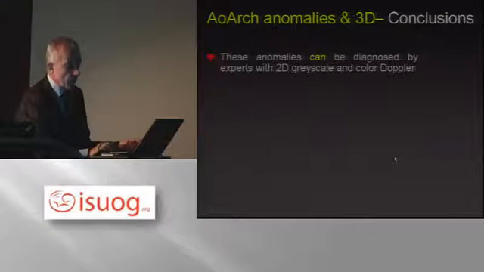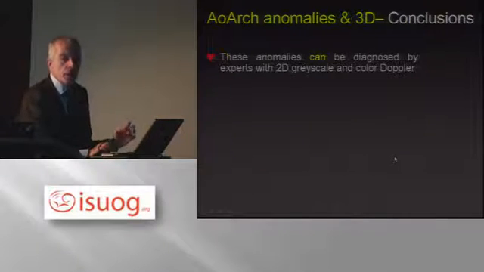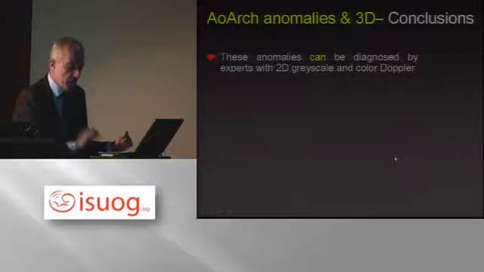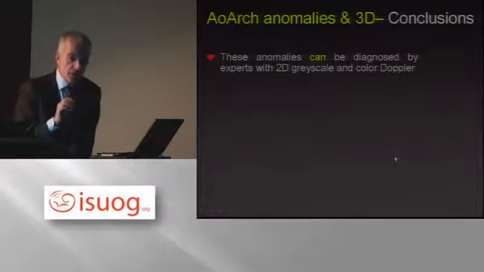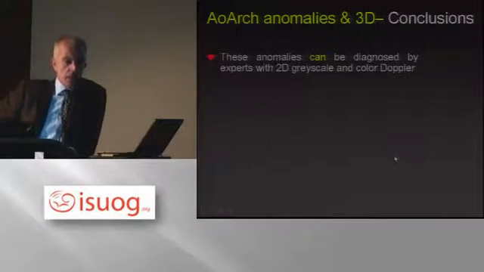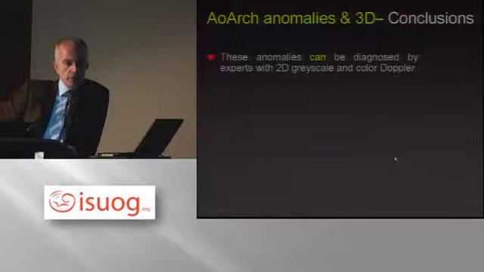So in conclusion, for aortic arch and coarctation, all these anomalies can be diagnosed by color Doppler and grayscale ultrasound. Coarctation is indeed still the major cause and major diagnosis, creating both false positive and false negative diagnosis at the same time. This is quite important also because in some of these cases there will be a need for an early intervention.